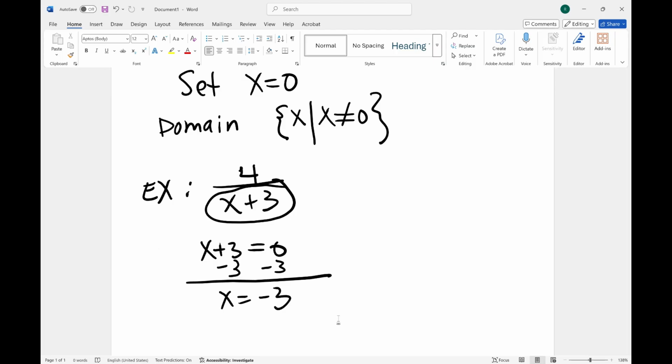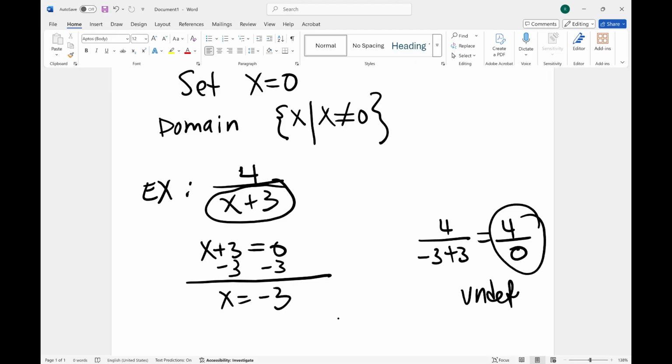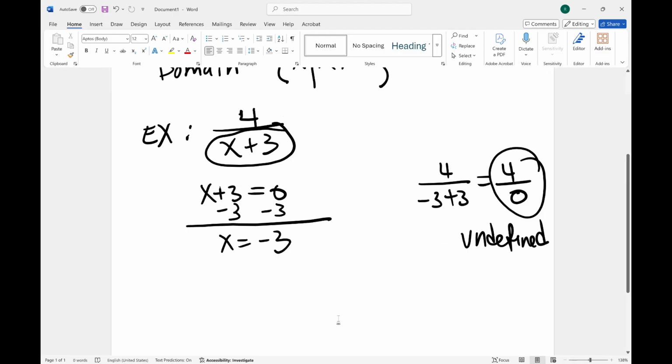Which makes sense, because if we replace x with -3, then -3 plus 3 is 0, so we'd have 4 over 0, and this is undefined. So x is not allowed to be -3, because if it was, I'd have 4 divided by 0, and that's not a real number. We can't define that.